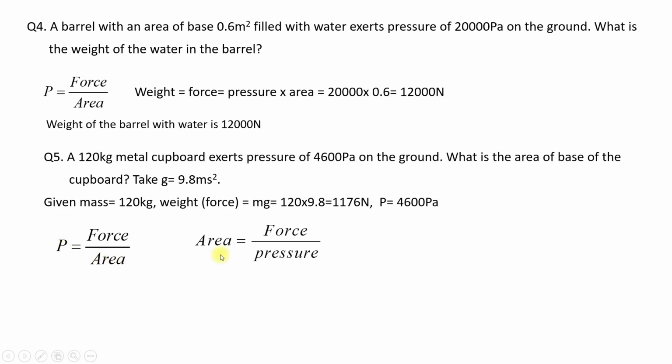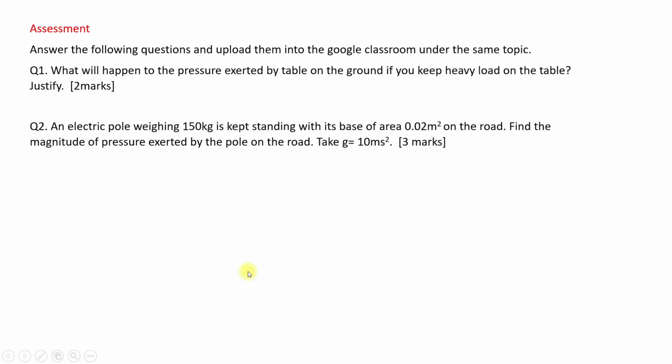We can switch pressure and area. Now it becomes area is equal to force over pressure. So area is given by 1176, that is force, divided by pressure, which is 4600 Pascal. So we get the area of 0.2556 meter square.